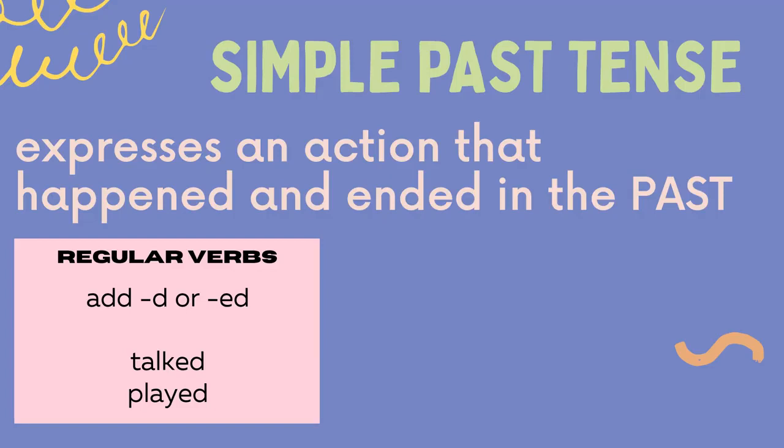Regular verbs form its past tense by adding d or ed at the end of the base word. Example, talked and played. To form the past tense of the verb talk, we add ed. To form the past tense of the verb play, we also add ed.